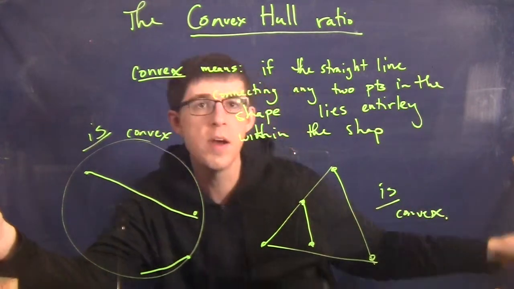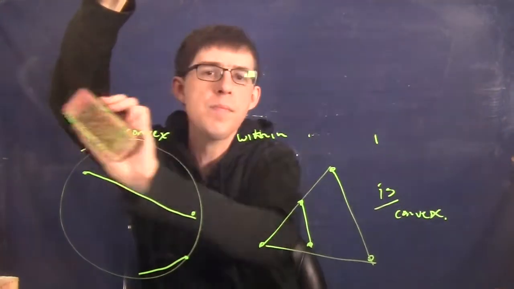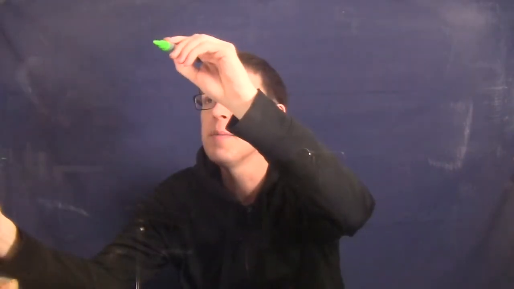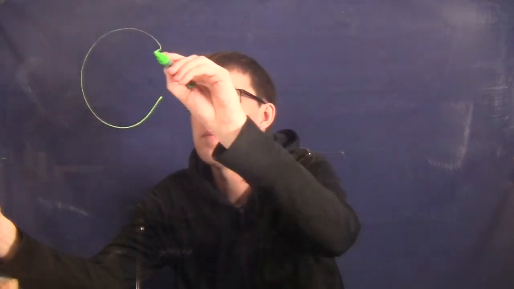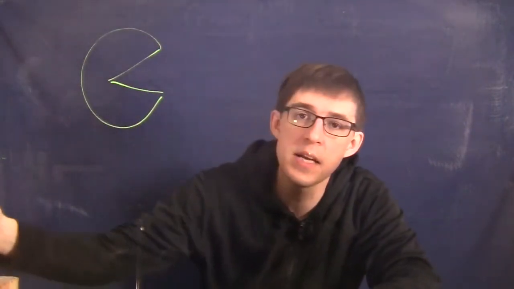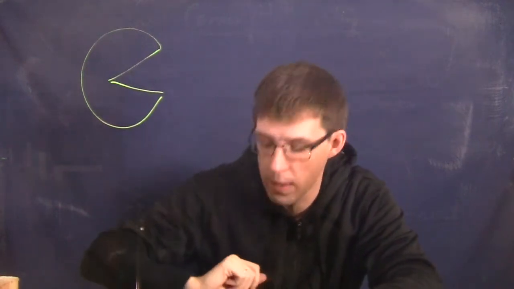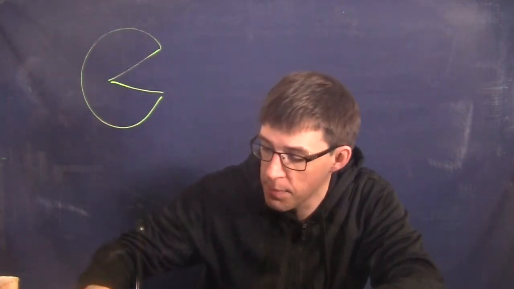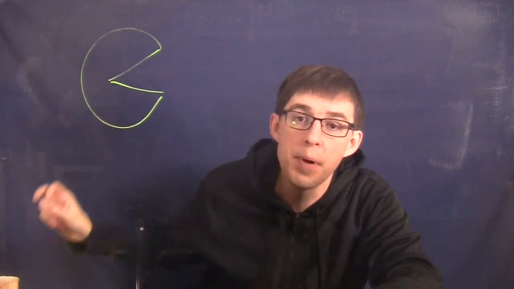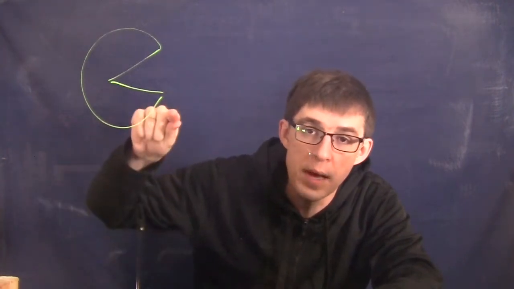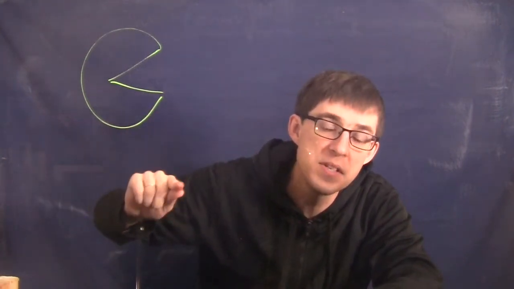How about some that are not convex? Here's one that's not convex. How about something like a Pac-Man? This is like a circle that has a wedge cut out of it. Not convex. Do you see why? If it's not convex, there must be some pair of 2 points where the line between them leaves the shape.